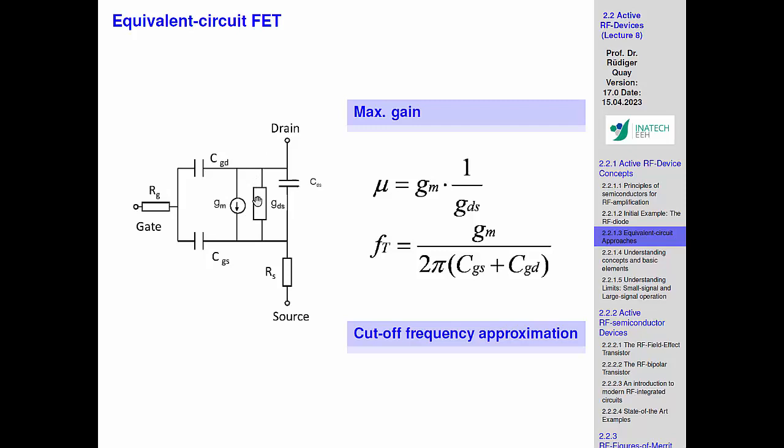So the change is only useful if this output resistance is particularly high. If the output resistance were low, then the gain goes down, because you don't really change something positively.